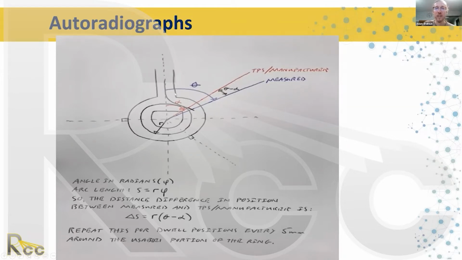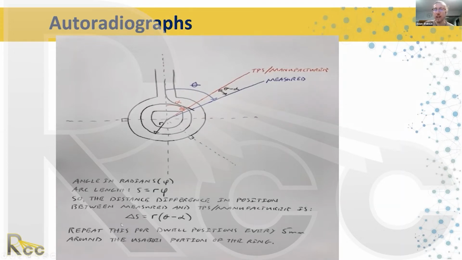Our measured is in blue. We've measured with that straight line through the source position. We've measured this blue theta. So the difference in the two is theta minus alpha. This is the difference in the two angles of measured versus TPS or a manufacturer manual.